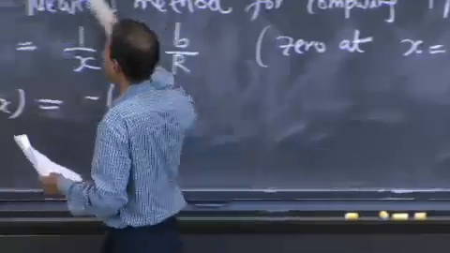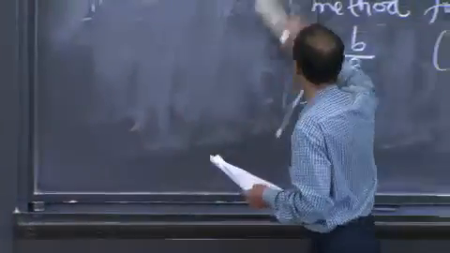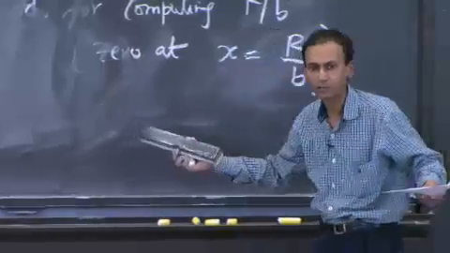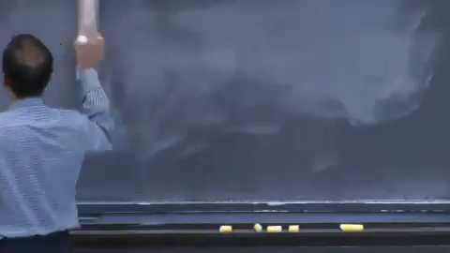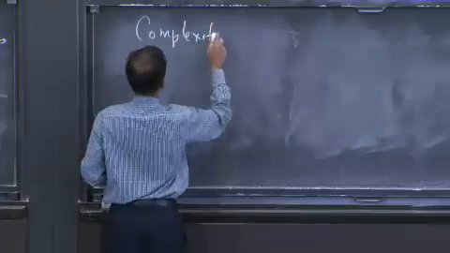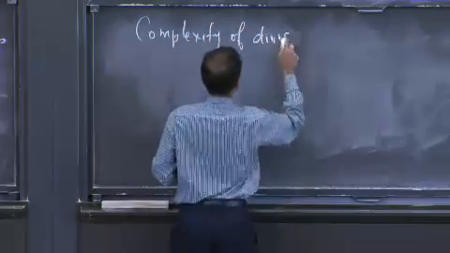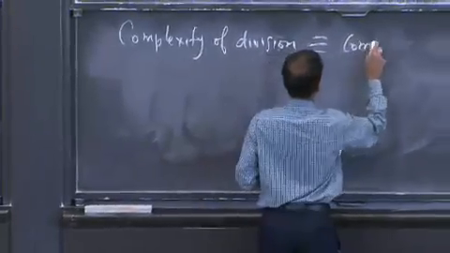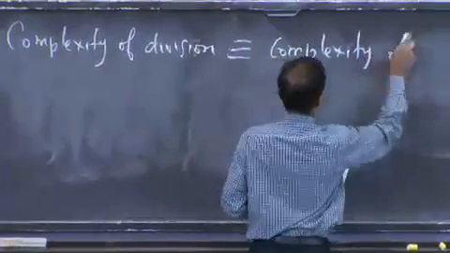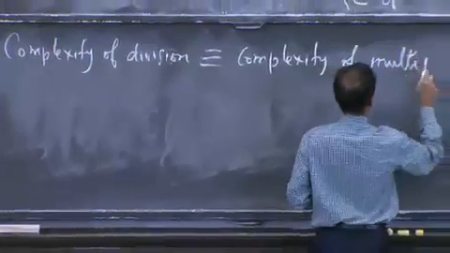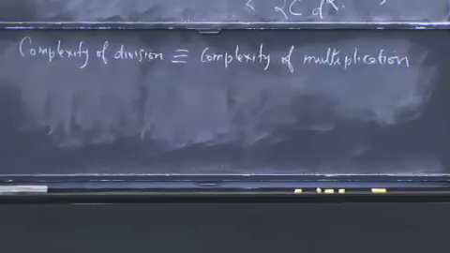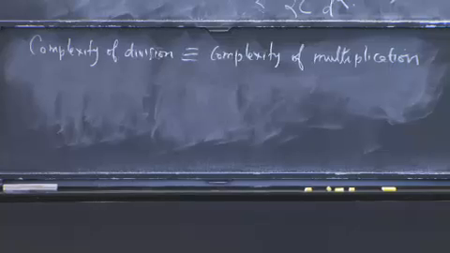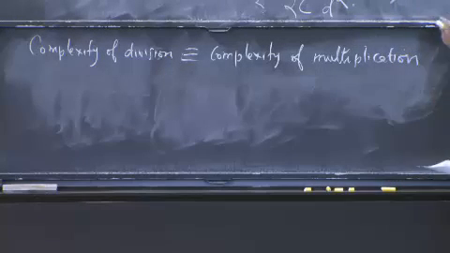So what does this mean? I guess ultimately, the complexity of division is now what? It's the same as the complexity of multiplication, right? So regardless of whether we did a Newton iteration or not, the complexity of division, you are doing a logarithmic number of iterations, but since eventually all of the work is going to get done at the end here, right?